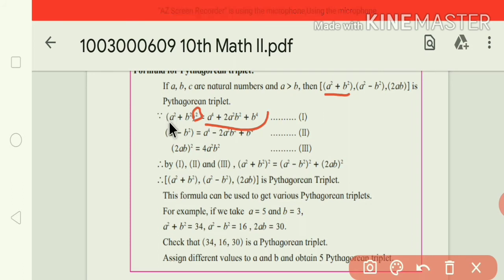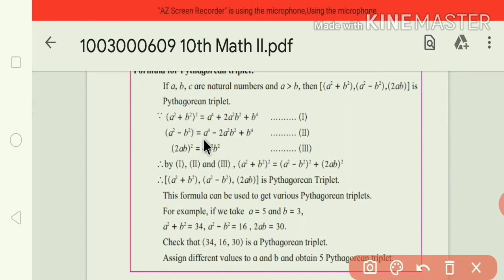of (a square plus b square) whole square. Then the second, (a square minus b square) whole square, expansion is a raised to 4 minus twice a square b square plus b raised to 4.